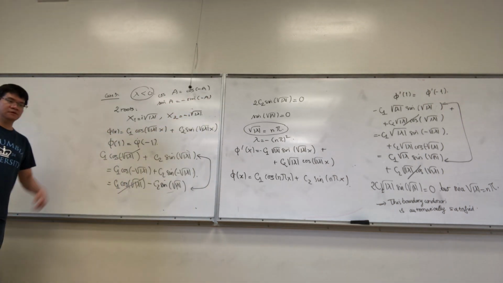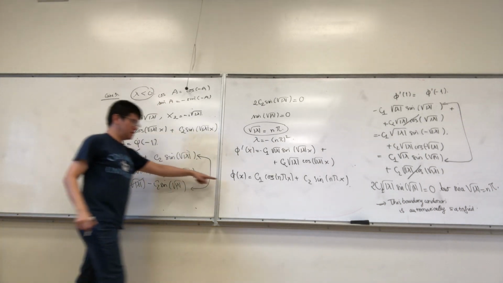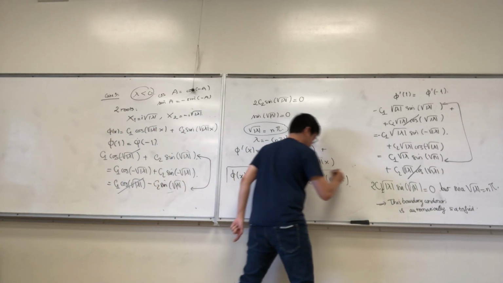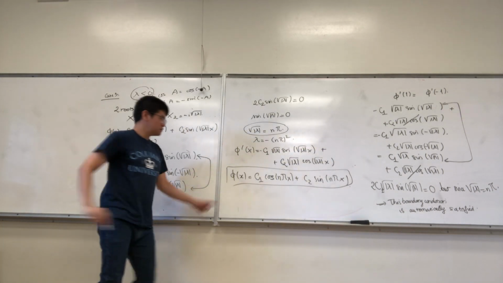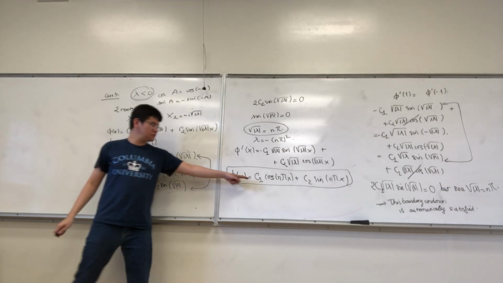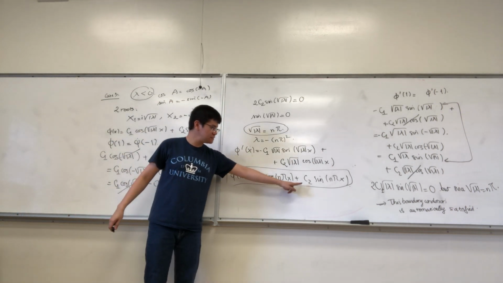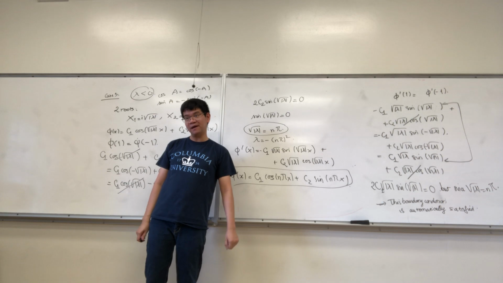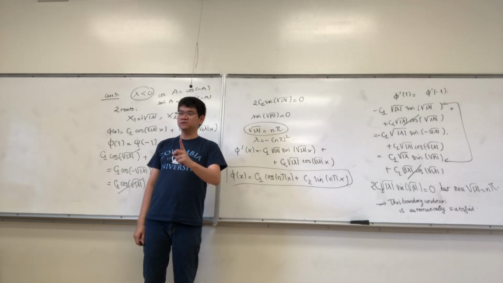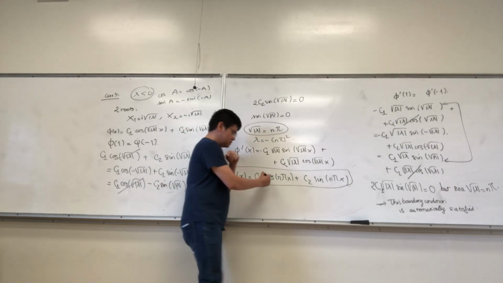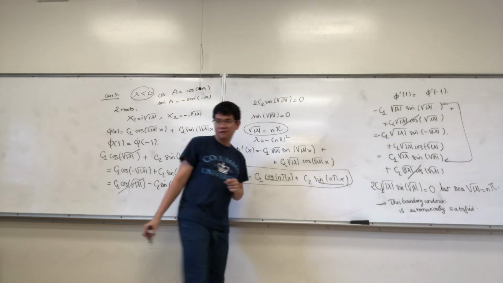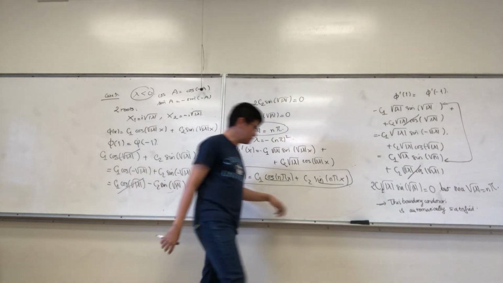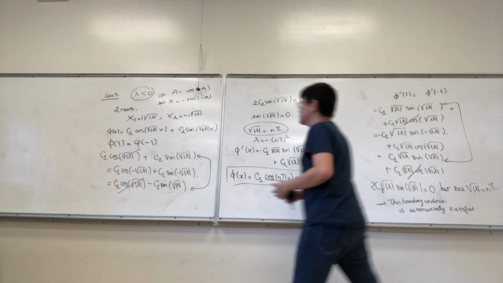So from this, I found that the eigenfunction has to be of the form C1 cosine n pi x plus C2 sine n pi x. In other words, I can choose this one and this one because we are going to combine all of the constants together.